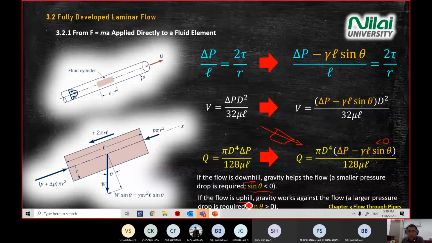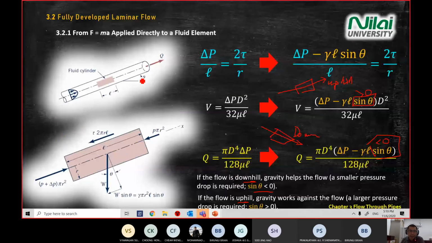If the flow is uphill, your sine theta is positive, more than 0. If we go uphill, your sine theta is more than 0. If it's downhill, sine theta is less than 0. This applies to all the sine terms inside there.